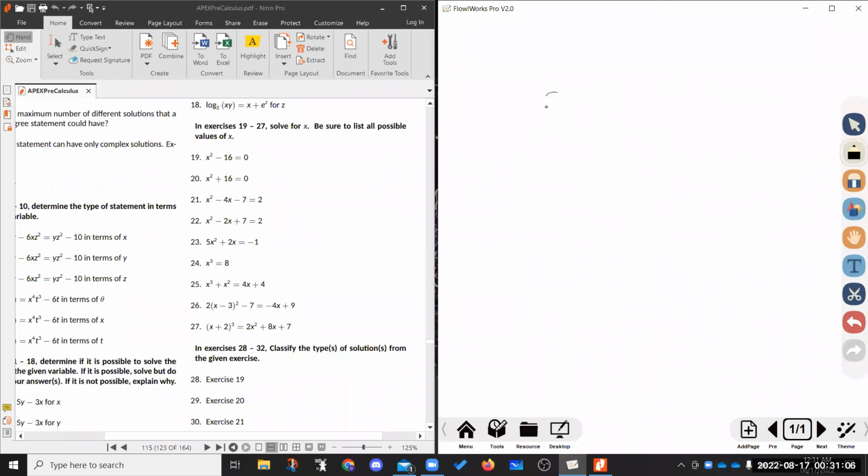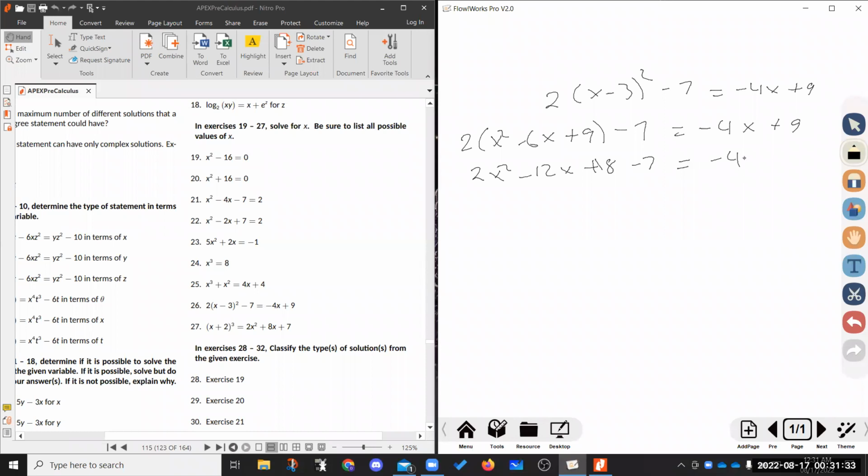Number 26, 2 times x minus 3 quantity squared minus 7 is equal to negative 4x plus 9. I'm going to have to expand the left-hand side first. This is 2 times x squared minus 6x plus 9 minus 7 equals negative 4x plus 9. So 2x squared minus 12x plus 18 minus 7 equals negative 4x plus 9.